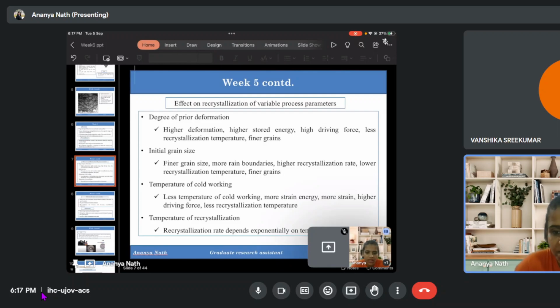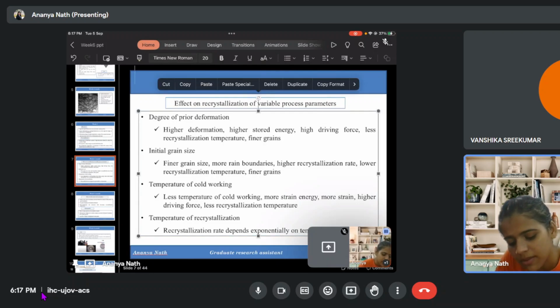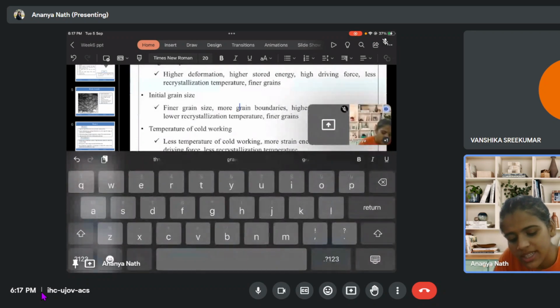Finer grain size means the grain boundaries are more, because each grain is separated by a grain boundary.